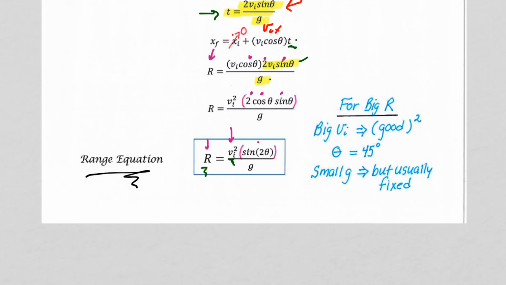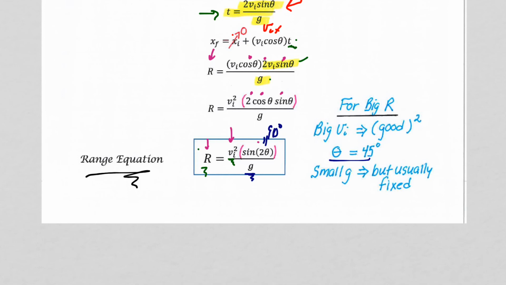Well, we want to maximize this bracketed term, sine 2 theta, as well. Sine is a maximum at 90 degrees, so we want the 2 theta to equal 90 degrees, which means theta needs to be equal to 45 to maximize the R position. And the last thing, ideally, I guess we would want to be able to have a magical power to reduce the gravitational acceleration g. Usually that's fixed.